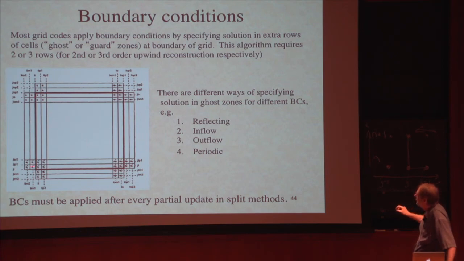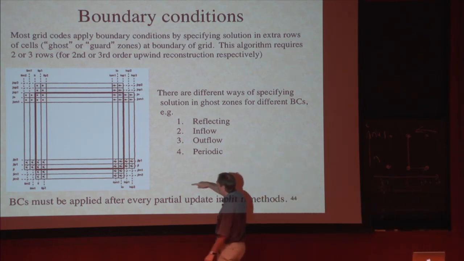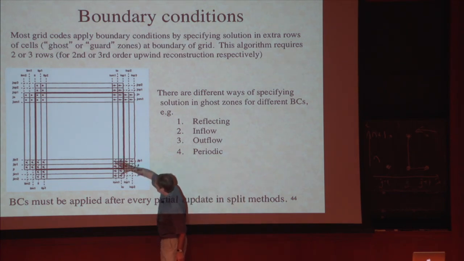So the volume of the solution is bounded by this dark black line. But beyond the edges of the computational domain, you have extra cells where you store the solution. And you use those cells to compute gradients and fluxes. So you can compute the flux, say, at this interface here by using the solution not only on the active cells you're updating, but also the solution that's stored in these ghost cells.